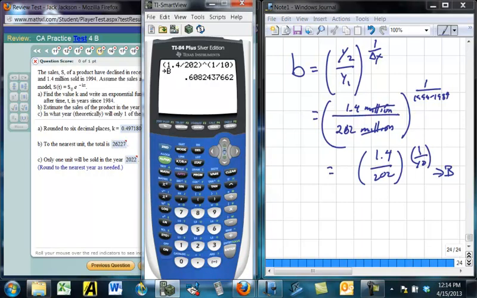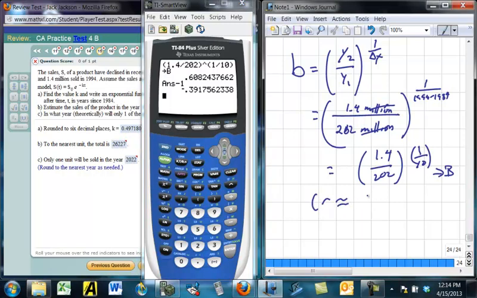Of course, if you do that minus 1, this is the r. Negative 39.2%, roughly. But they want it in terms of k. So remember that k is the natural logarithm of the base.